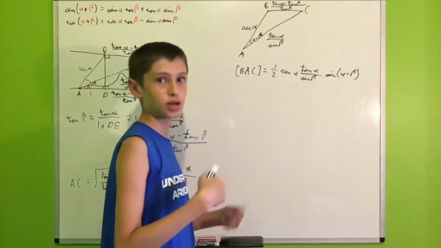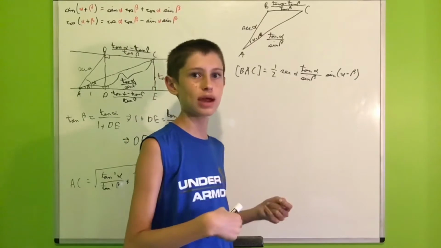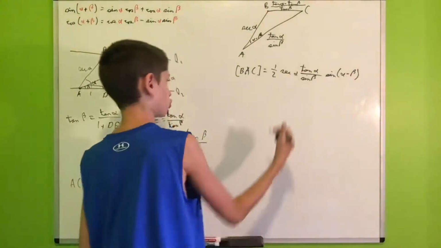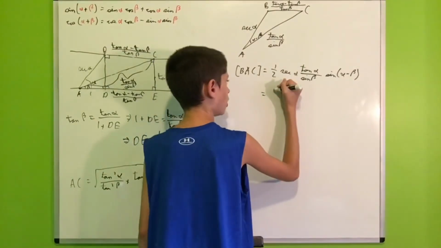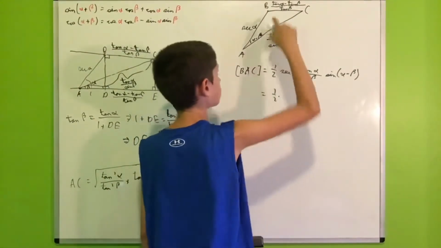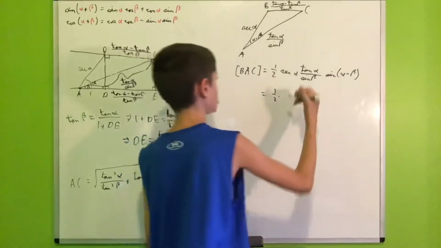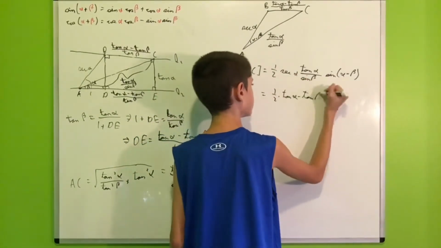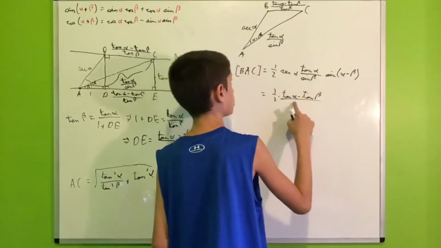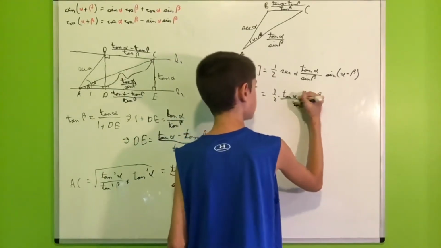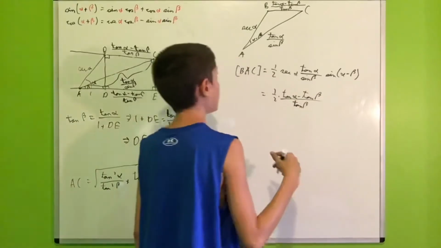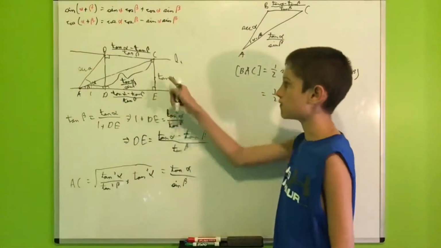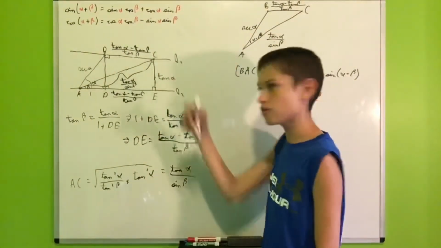But then another way to calculate the area of a triangle is simply the base times the height. So we will be left with 1/2 times, and we'll choose our base to be BC, so this will be tangent alpha minus tangent of beta all over tangent beta. And then our height will exactly be the tangent of alpha, since by projection everything holds.